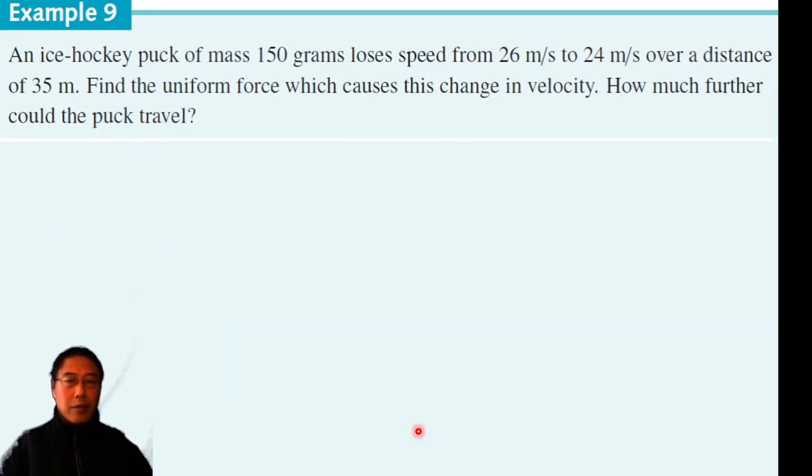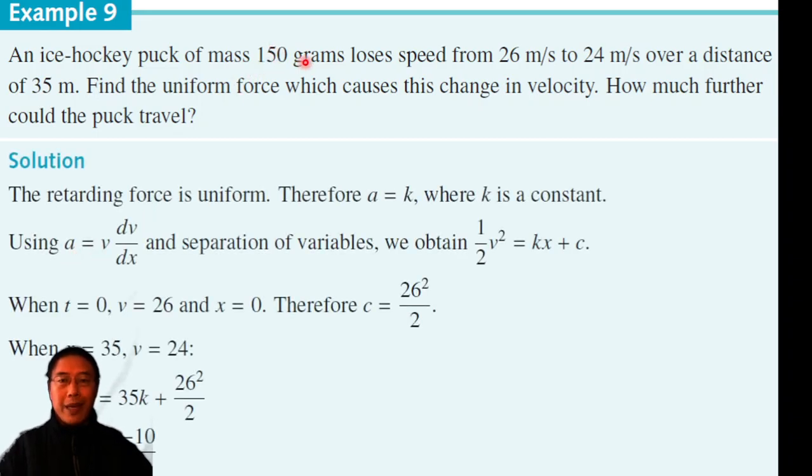Alright, let's just have a look at this one, annotate the amounts, and try to give it a go. Pause the video and try to have a go at this problem. So here, don't forget the mass is in grams, so convert that into kilograms.